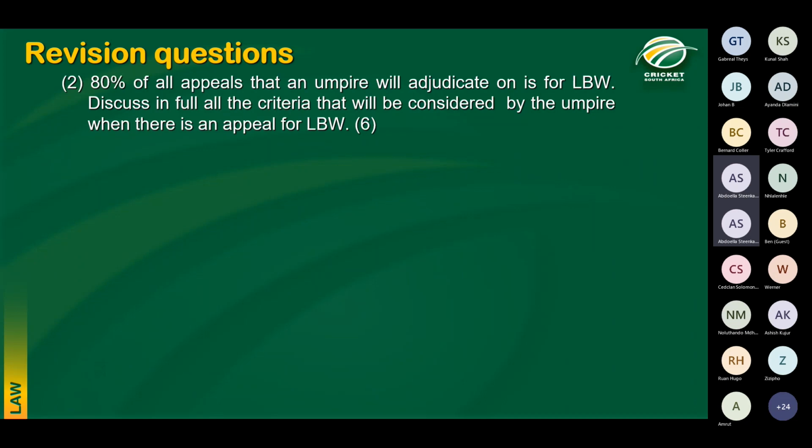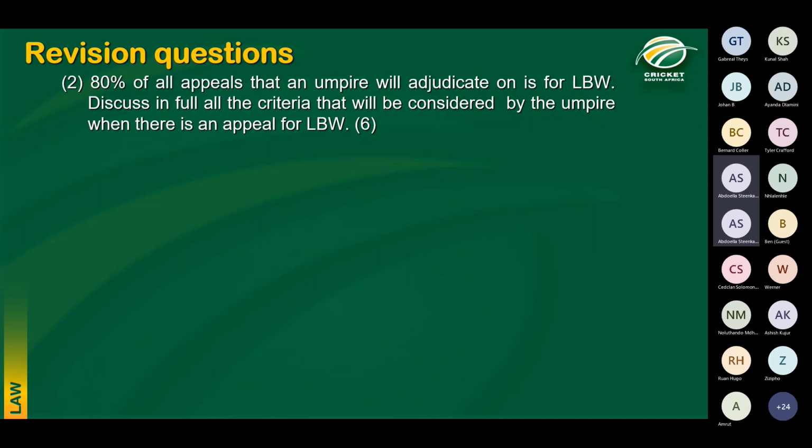Discuss in full what are the points that the umpire needs to consider. There are 6 points that you need to consider when there's an LBW appeal. What are those 6 points?